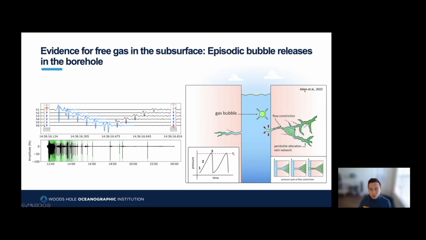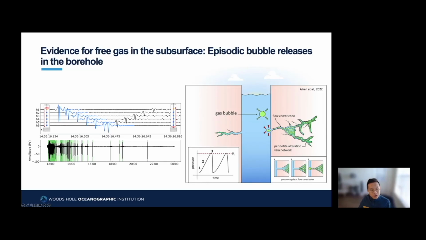This is the work done by my colleague, John Nyken, in 2022. I think he probably talked about this a few years ago in this seminar, where he showed that the borehole hydrophones detected swarms of gas bubbles being injected into the boreholes during a 9-month period.